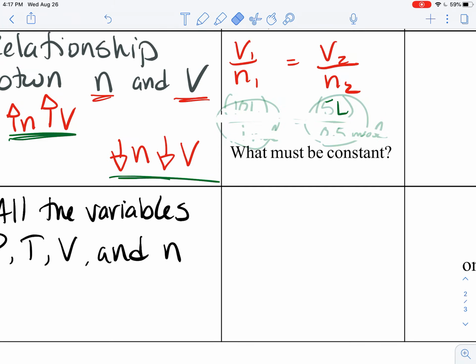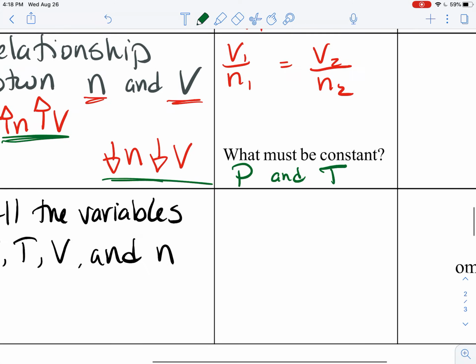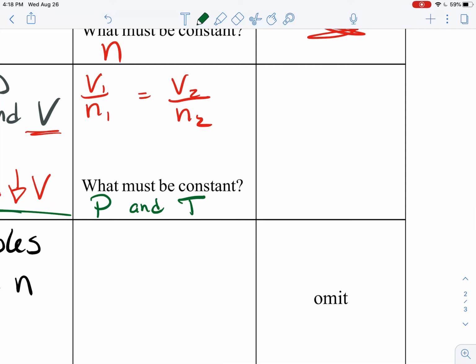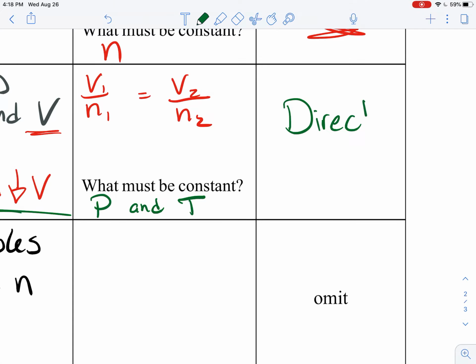We'll have lots of practice with this, so you'll see lots of example problems. In this case, we said that two things have to stay constant. The first one was pressure, so they have to be under the same pressure to see this relationship. And the other one was temperature. If volume goes up and moles go up, then this is showing a direct relationship.